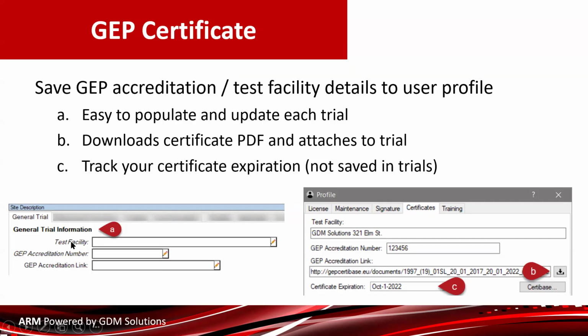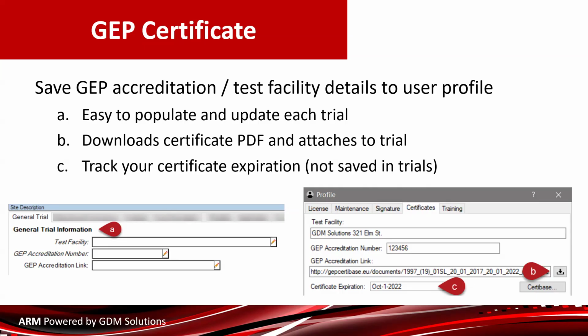So these fields related to your test facility and your accreditation number with GEP, that is on the regulations tab, but it comes from your user profile. So the reason is that all these GEP certificate details are really more about the user of the software, not specific to each individual trial, right?